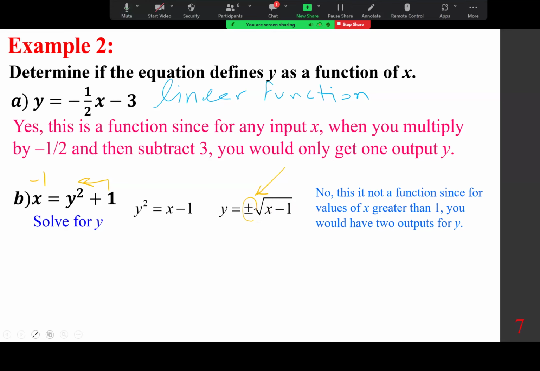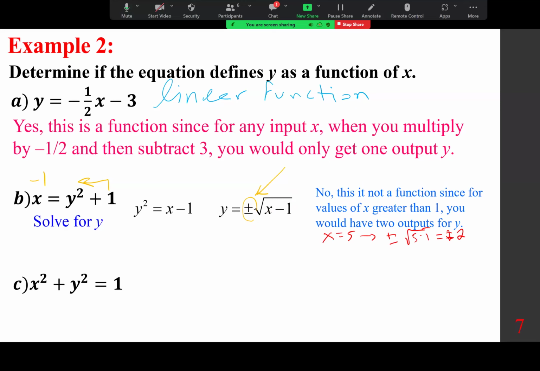So just a quick example: if I pick x equals 5, I get plus or minus the square root of 5 minus 1, which is plus or minus the square root of 4, or 2.